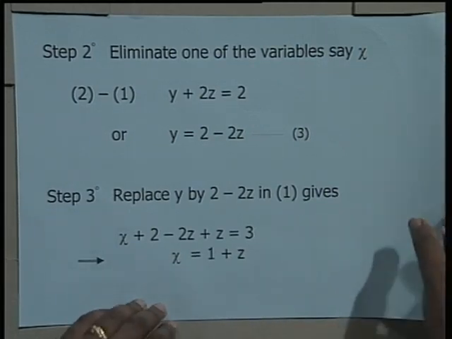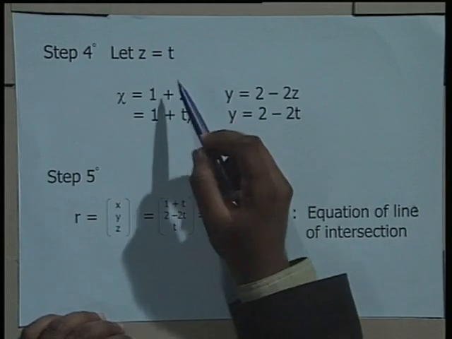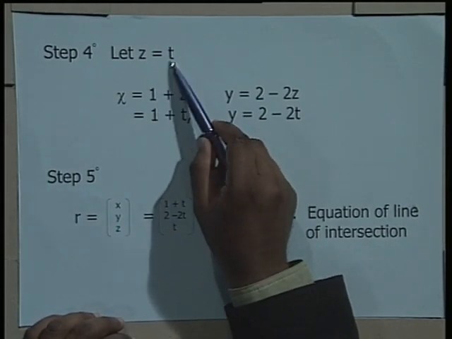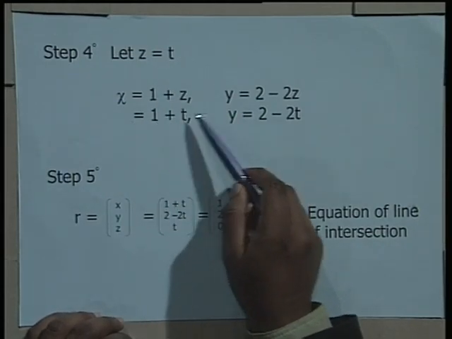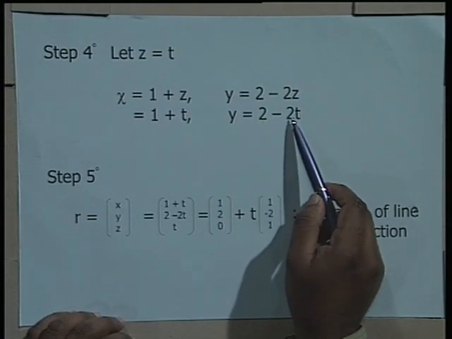And then the next strategy would be to say, suppose that z is a parameter t, because z was the surplus variable. We had two equations in three unknowns. So expressing z as t, we obtain x as 1 + t and y as 2 - 2t.